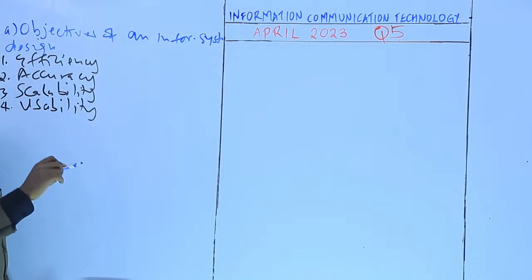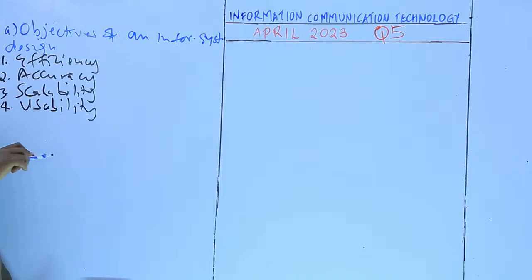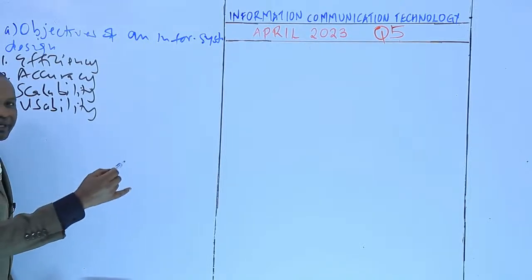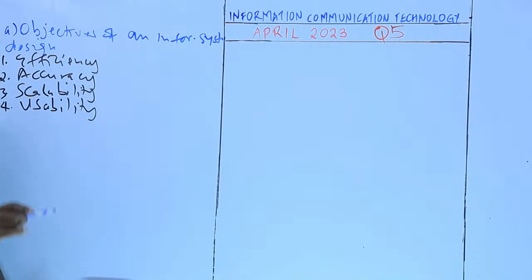It should be easy to navigate, and it should provide a pleasant user experience. The user interfaces should be designed with an end user in mind, considering their needs, their preferences, and even their skill levels.